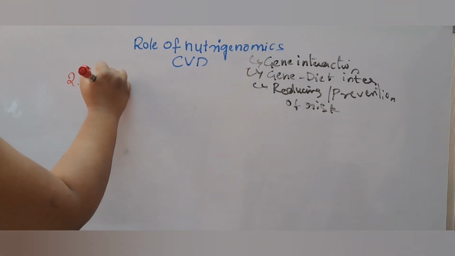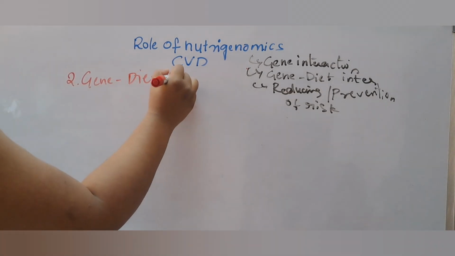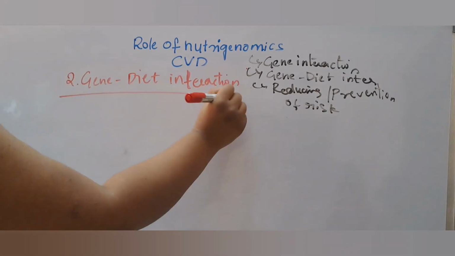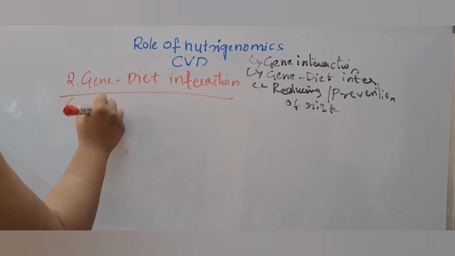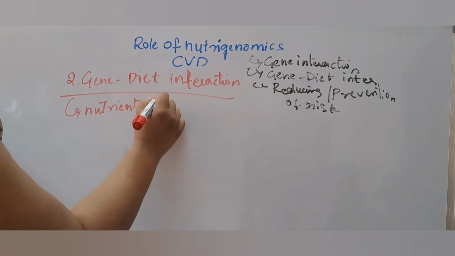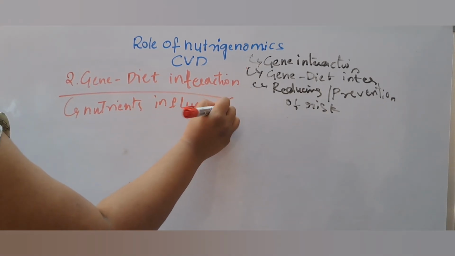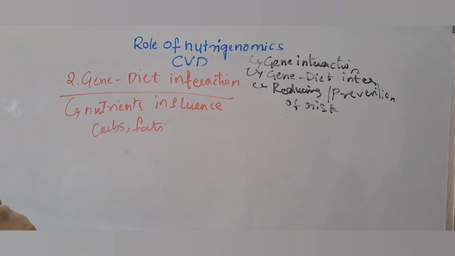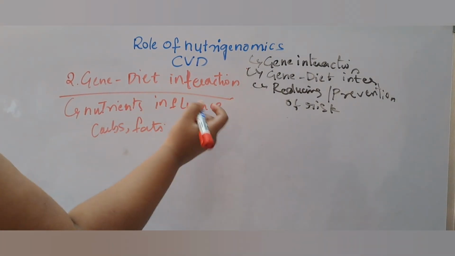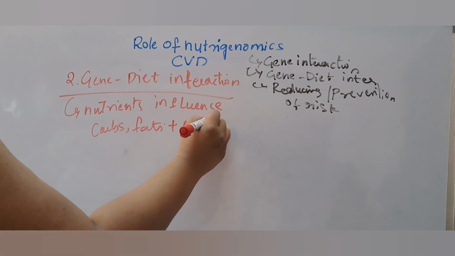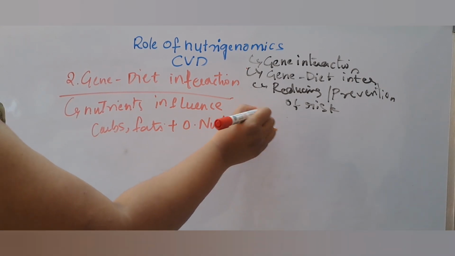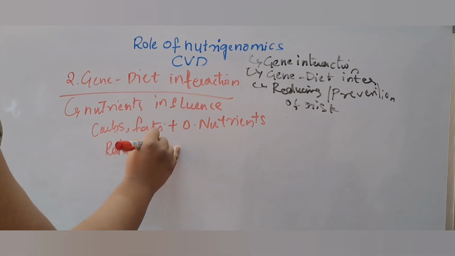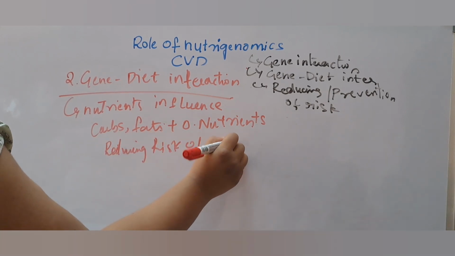So the second one is gene-diet interaction: nutrients like carbs, fats and other nutrients, for reducing the risk of CVDs.